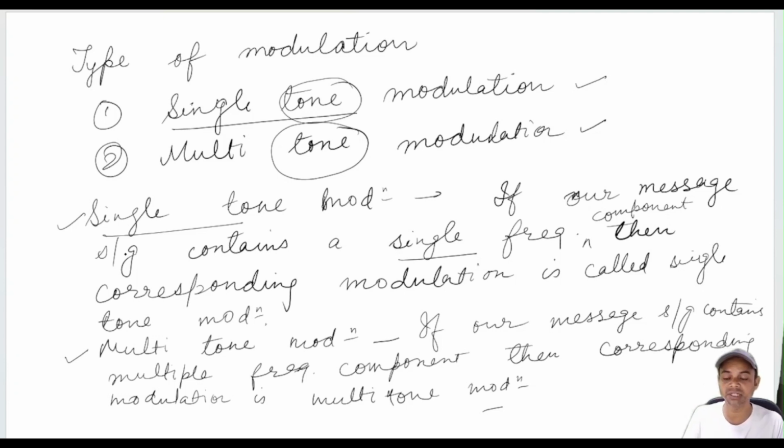But why do we need single tone modulation? For simplicity, to understand the basic concept of modulation. After that, we can handle multiple frequencies. Okay, I hope what I am trying to explain is clear now.